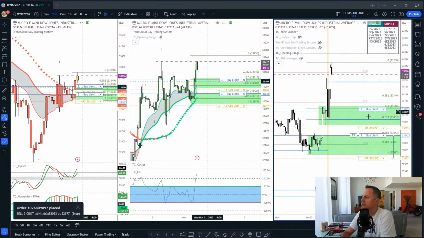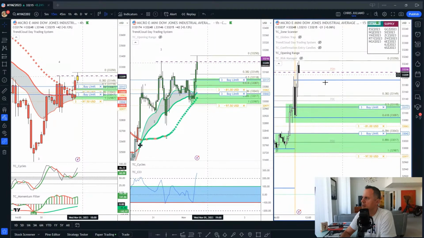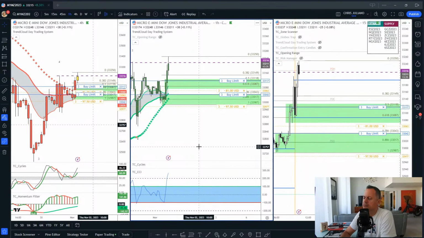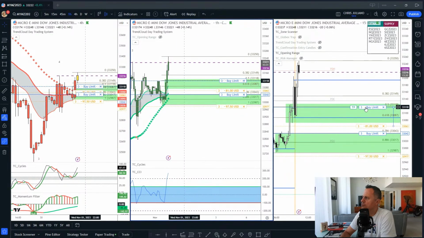If you have a small account, the micro Dow is looking nice. Guys, see that? Three contracts can take a chance. It's $81.